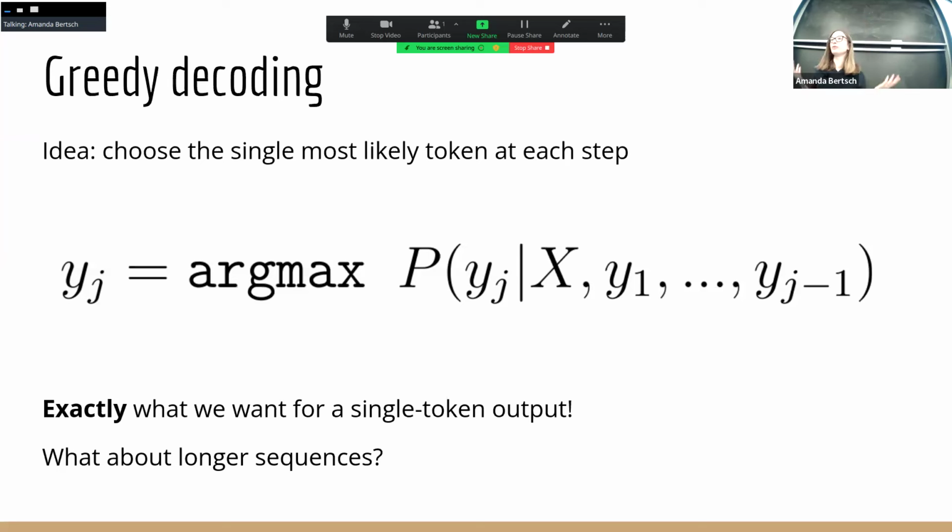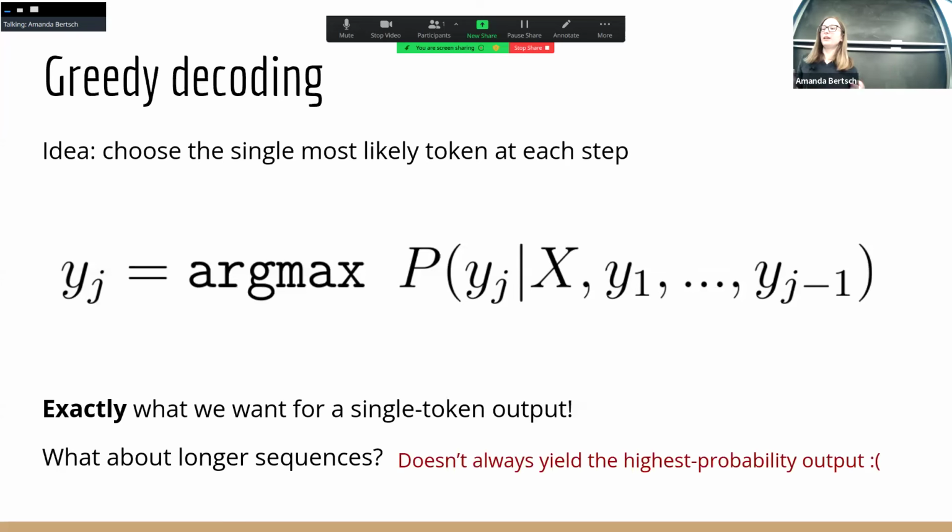Maybe if you're doing something like unconditional generation, the highest probability token at time step 1 is always "the", but there could be a really probable sentence that just doesn't happen to start with the word "the", and you would never find it using greedy decoding. So this isn't going to give us the highest probability output over a sequence that's more than one token long. Can we do anything better to try to find this output?